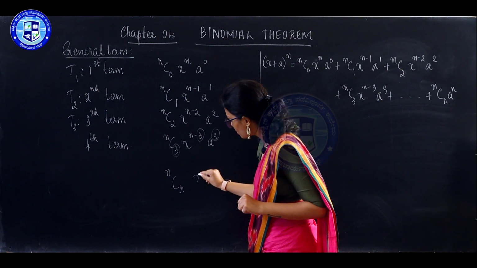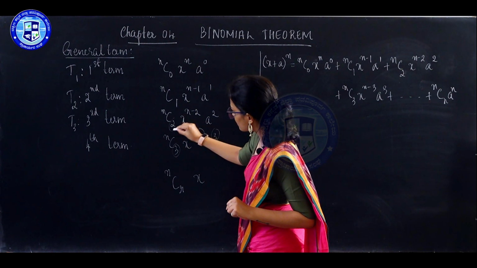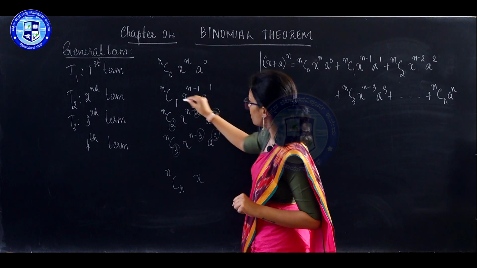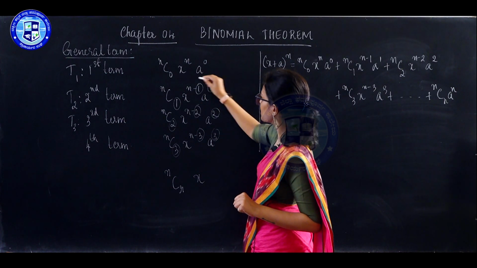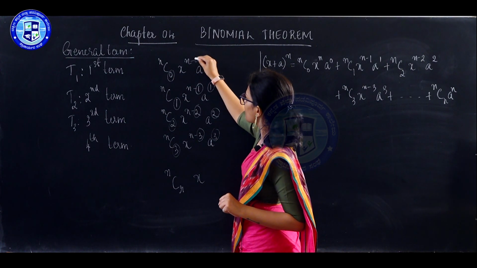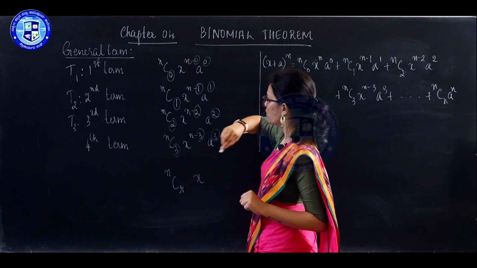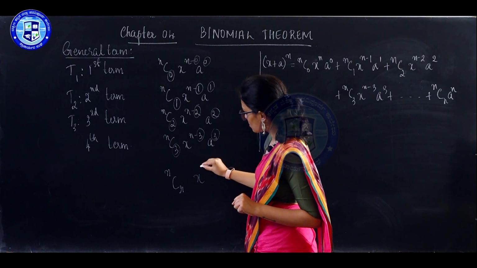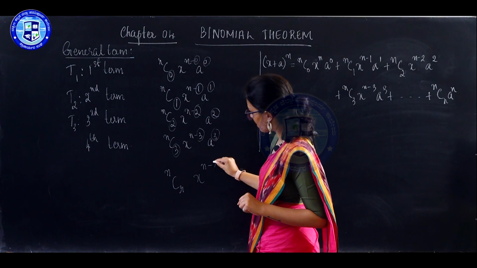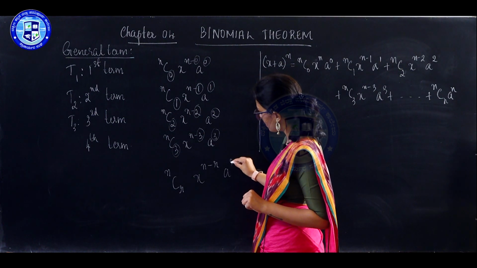So, we will get x to the power, if you observe, 2, 2 and 2, 1, 1 and 1. Here this will be n minus 0 and 0. So, what is happening? This will be n minus r, a to the power r.